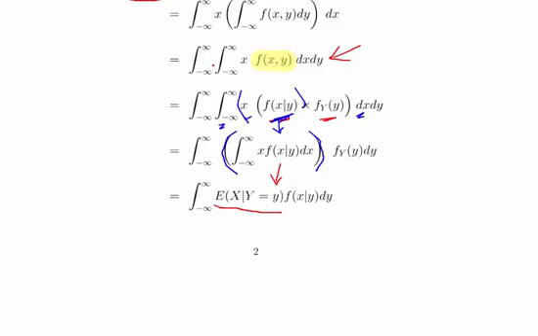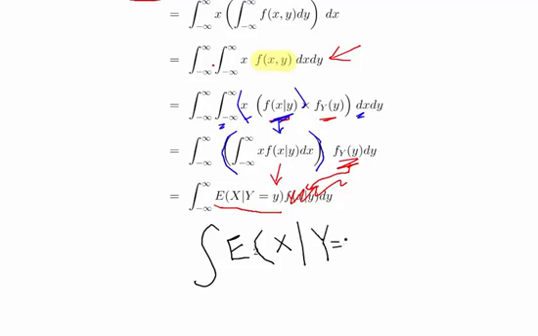I'm just inserting a quick edit. I realized I made a mistake at the end: this expression should continue on here, so that's wrong. I'll rewrite this line: the integral of the conditional expectation of x given y, times the marginal density of y.